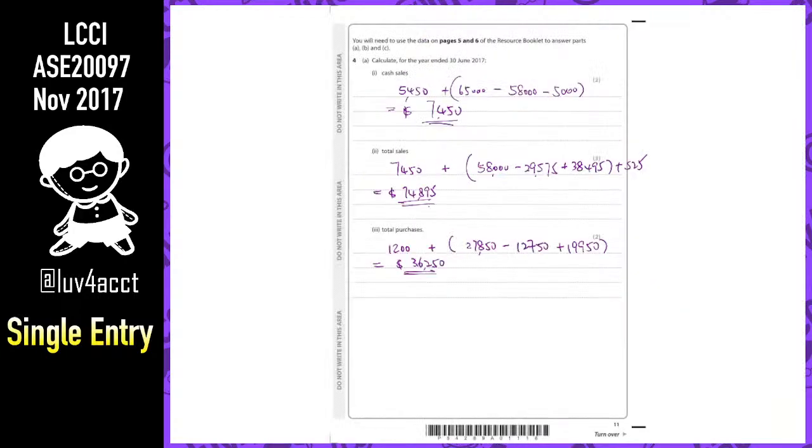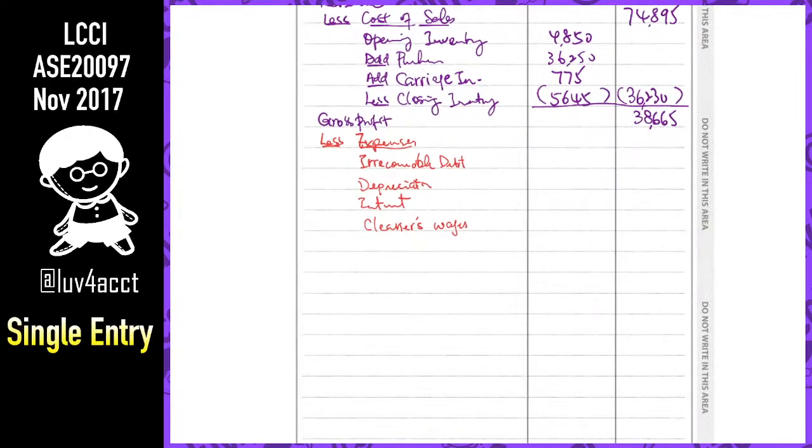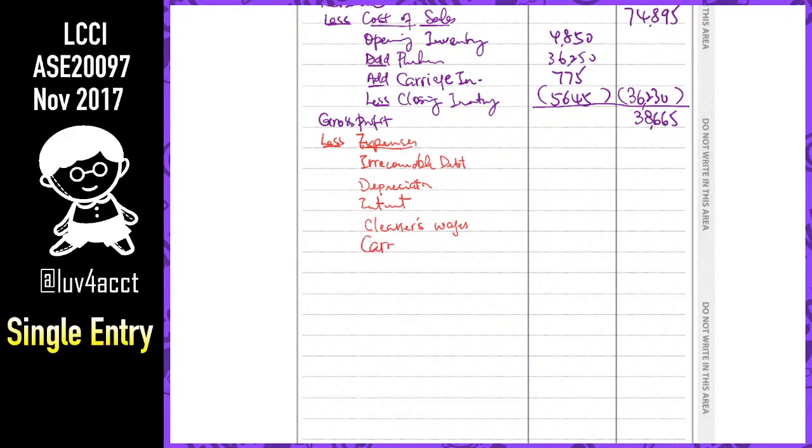What else? Carriage out, general expenses, rent and rates.